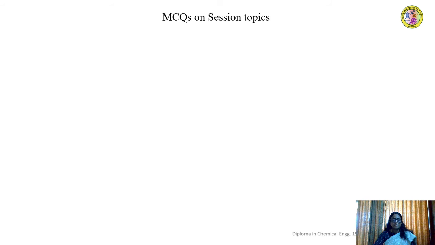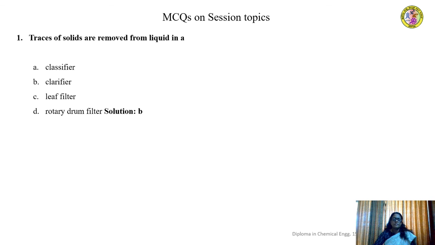Let us go through a self-assessment test by answering a few multiple choice questions. The traces of solids are removed from liquid in a classifier, clarifier, leaf filter, or rotary drum filter. Okay, so the solution has already come up on the screen.